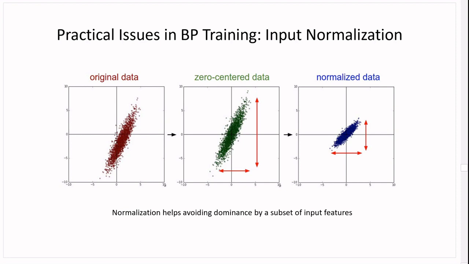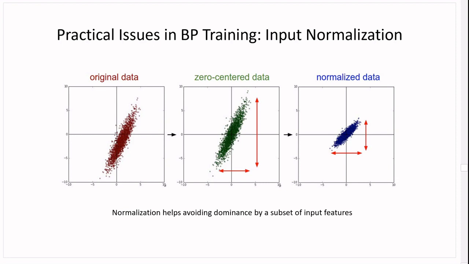As an example here, the leftmost panel is a distribution of data in 2 dimensions. To do the normalization, the first thing you do is zero center the data. That is, you calculate the mean vector and ensure that it sits at the origin of your feature space. In this case it's 2-dimensional data, so the mean should sit at the origin of the 2-dimensional coordinate system.